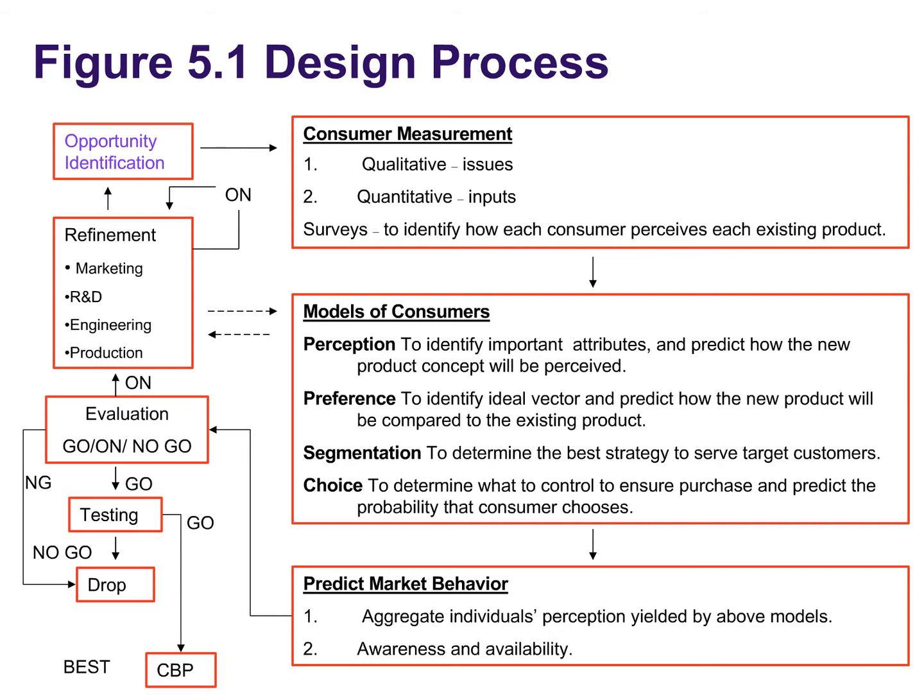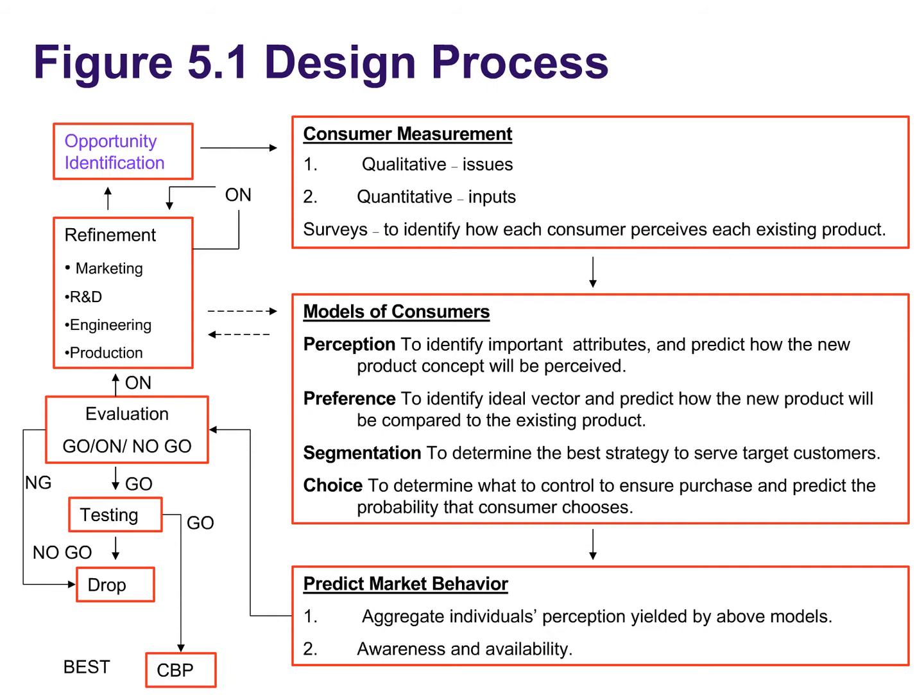After we measure the input and understand customers' needs, wants, preferences and desires, we enter into models which help us visualize what our consumers think about the products and brands available in the market. We do this through perceptual mapping.